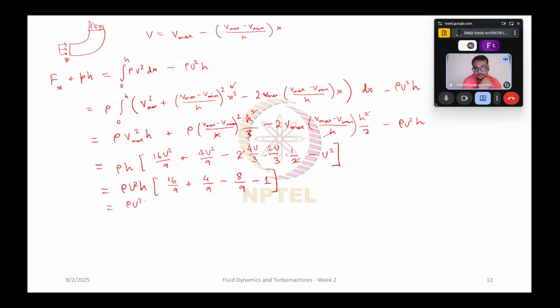So this should be equal to the Fx is this minus pH. Sorry, I've made a mistake. While considering the x momentum, this really doesn't come into the picture, right?